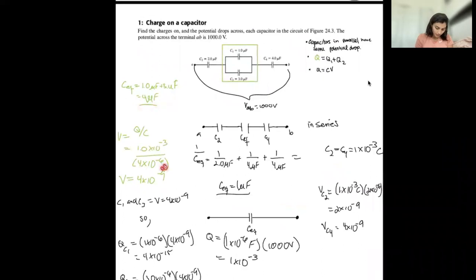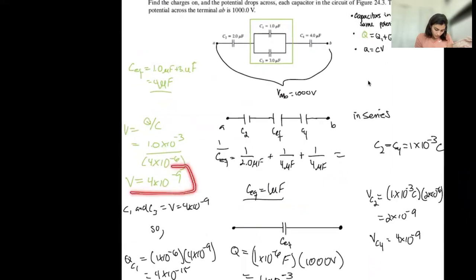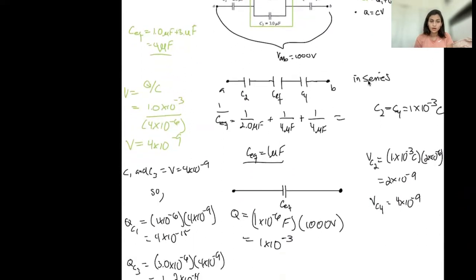With this, we can find the voltage across this, and that's 4 times 10 to the negative 9, or 4 nanofarads. Or 4 nanovolts, my bad. This is voltage. Great. So now what do we do?